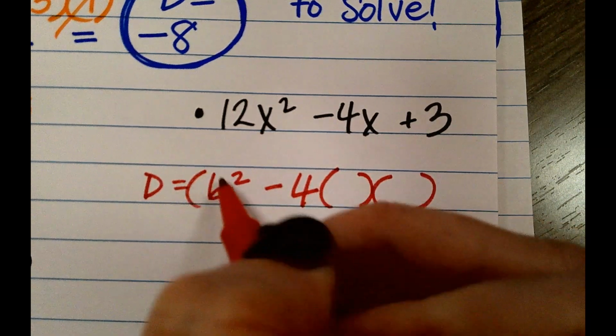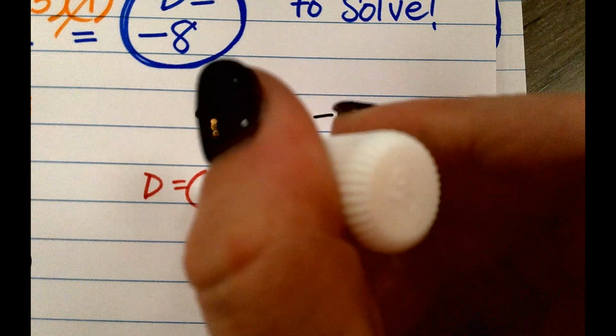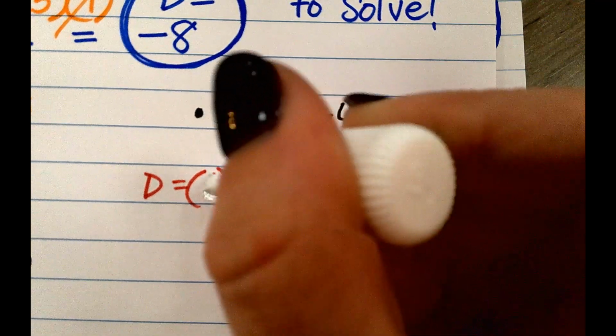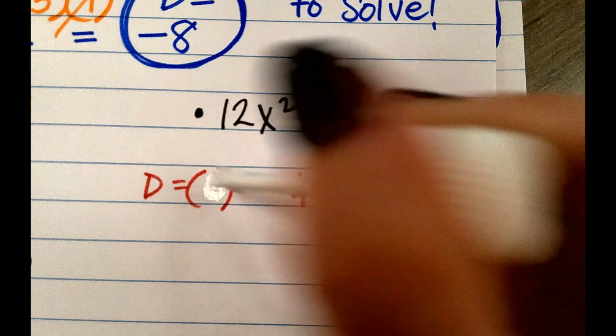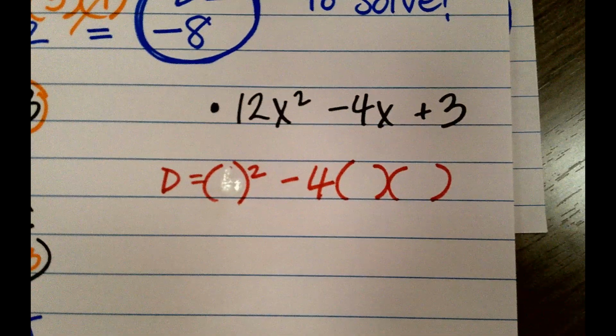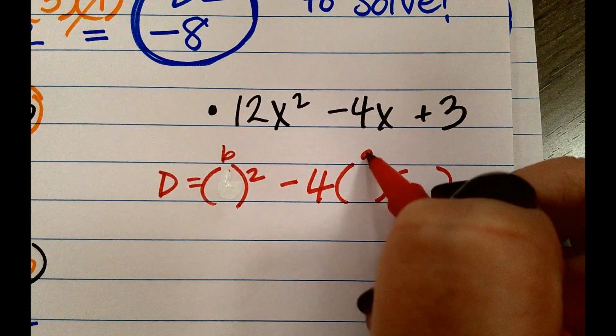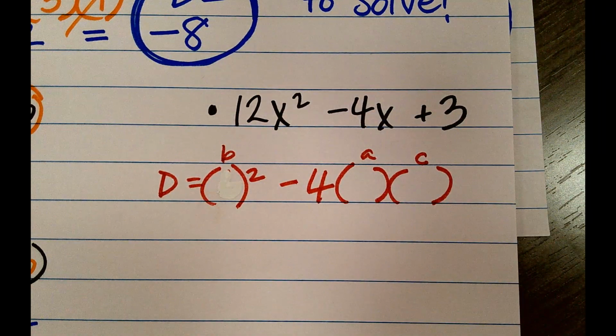Okay, so here, let me do this. All right, so we have our formula: B squared minus 4 times A times C. Yes. Okay, now what?